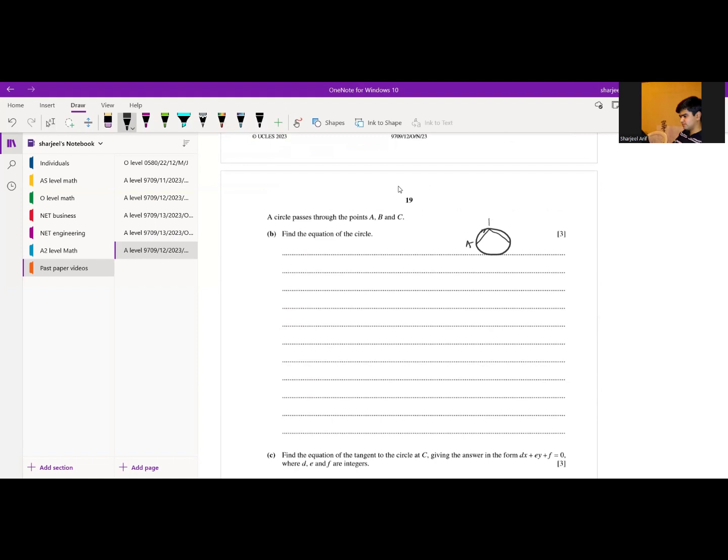And whenever the points make an angle of 90 degrees, the hypotenuse passes through the center. So this means AC is the diameter of the circle. So the midpoint of AC will be the coordinates of the center. Midpoint of AC will be equal to 14 plus 6 over 2, 4 plus 18 over 2. So that would be equal to 10, 11. These are the coordinates of the center.